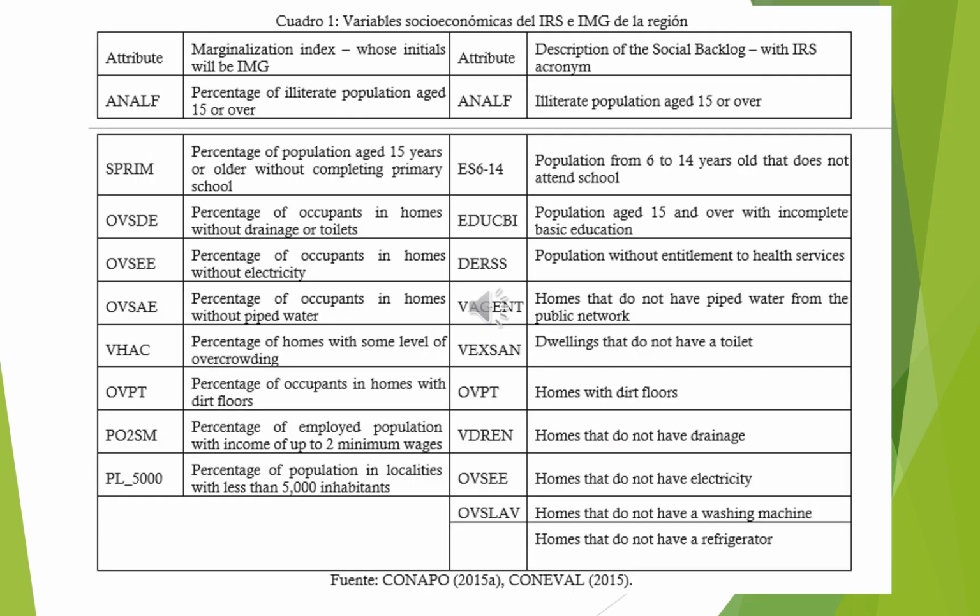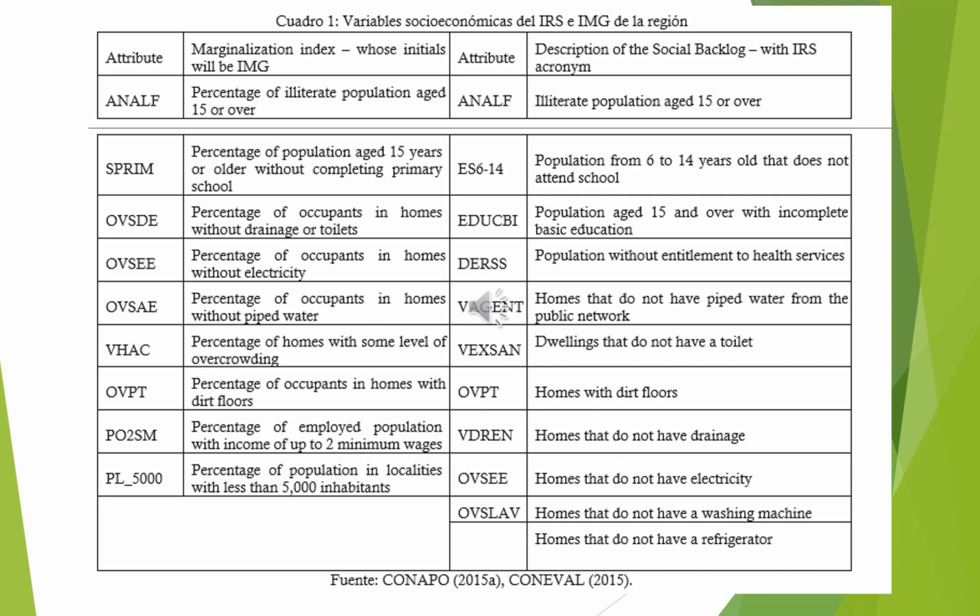The variables of the marginalization index, whose initials are IMG, are: percentage of illiterate population age 15 or over, percentage of population age 15 years or older without completing primary school, percentage of occupants in homes without drainage or toilet, percentage of occupants in homes without electricity, percentage of occupants in homes without piped water, percentage of homes with some level of overcrowding, percentage of occupants in homes with dirt floors, percentage of employed population with income up to minimum wage, percentage of population in localities with less than 5,000 inhabitants.